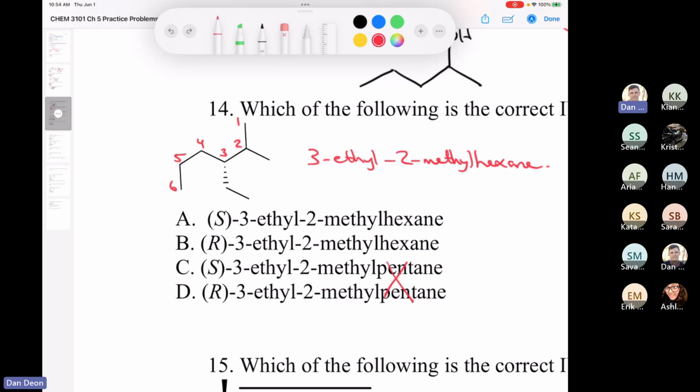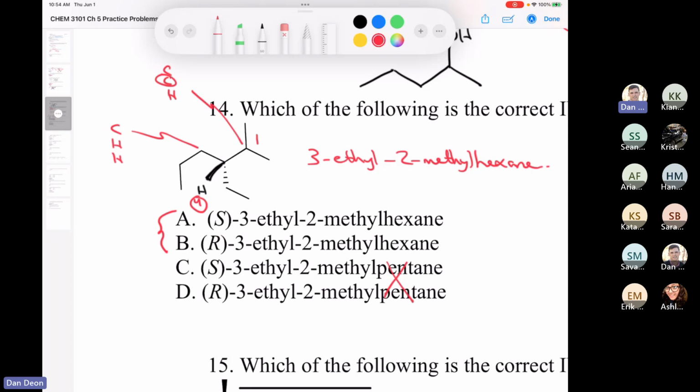And so we have to determine whether the stereocenter is R or S. So let's delete all this. There we go. We'll put our hydrogen coming out in front. So this is going to be our lowest priority group. Our highest priority group is going to be the isopropyl group because it's branched. This carbon is attached to carbon, carbon, hydrogen, whereas this one is attached to carbon, hydrogen, hydrogen.